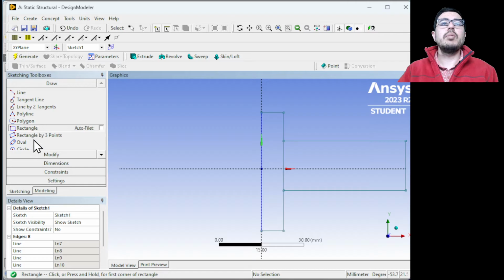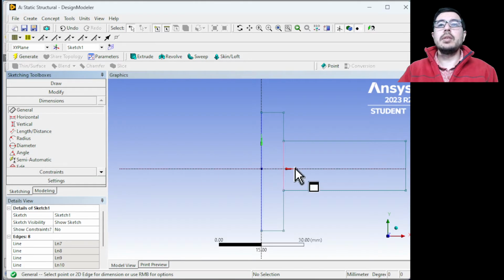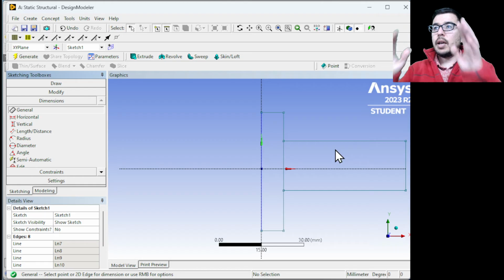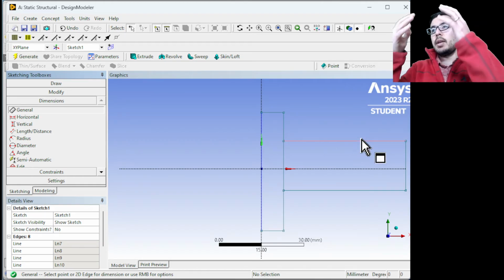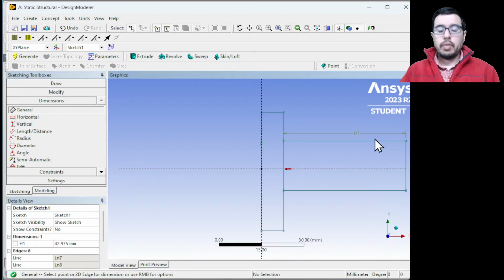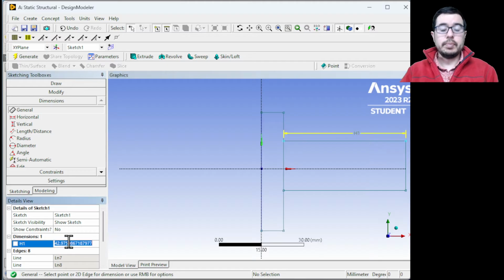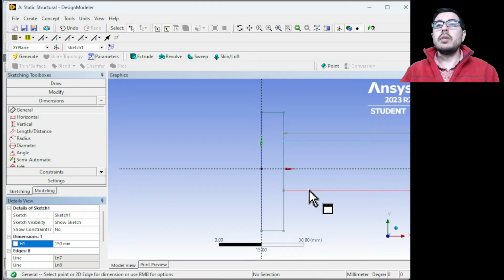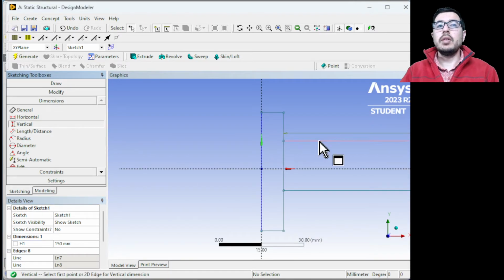So how are we going to get these dimensions? We're looking at the profile, the side view of the rectangle that we're going to extrude out. So let's go ahead and make this 15 centimeters or 150 millimeters. We'll make the thickness that we're interested in vertical. This vertical dimension is supposed to be 5 millimeters.